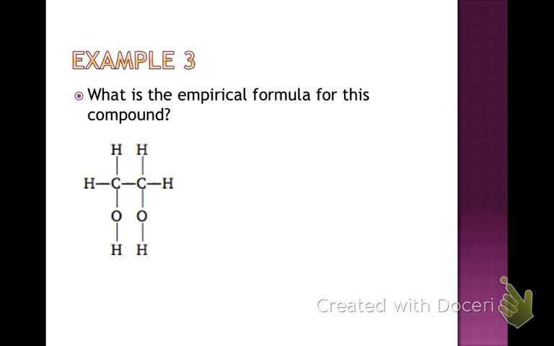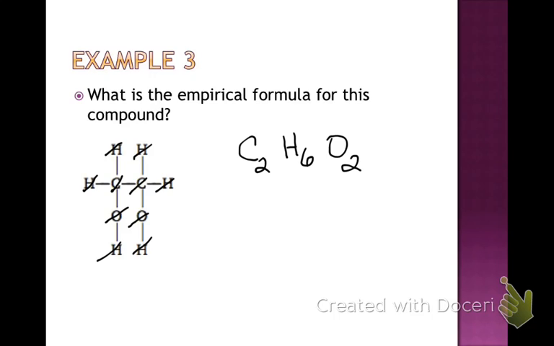For example 3, what is the empirical formula for this compound? Just like we did before, we're going to write down how many carbons, hydrogens, and oxygens this molecule has. So we have 2 carbons, 1, 2, 3, 4, 5, 6 hydrogens, and 2 oxygens.